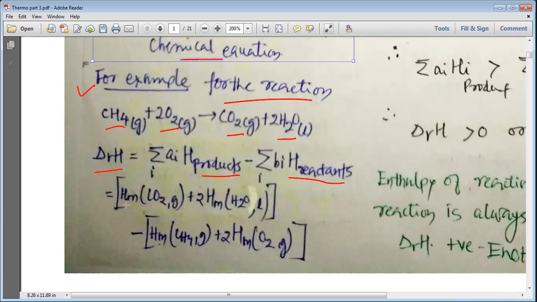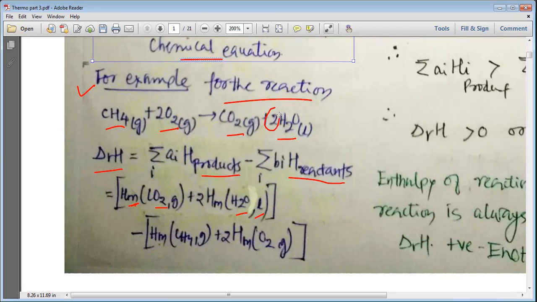Here, M represents the molar enthalpy, that is the enthalpy change when 1 mole of substance is either produced or reacted. So H_m is the molar enthalpy of CO2 in the gaseous state, and the molar enthalpy of H2O in the liquid state.